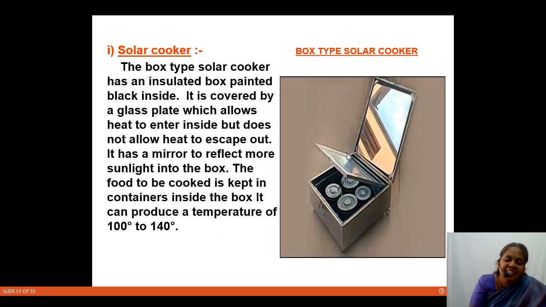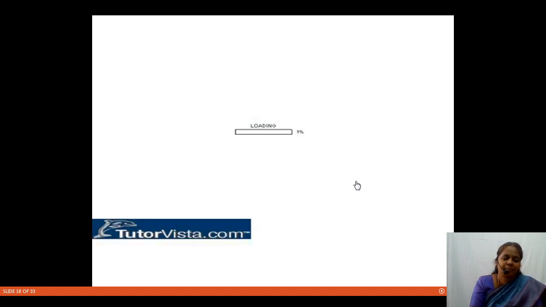The important characteristic of this glass sheet is that it allows heat to enter, but the heat produced inside the box cannot escape out. Like the greenhouse effect, the glass sheet is very important for increasing the temperature inside the solar cooker.